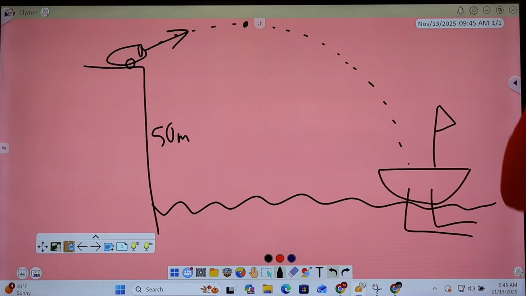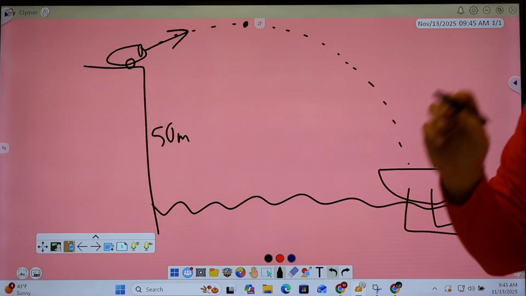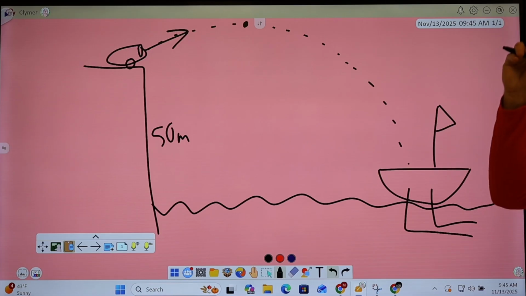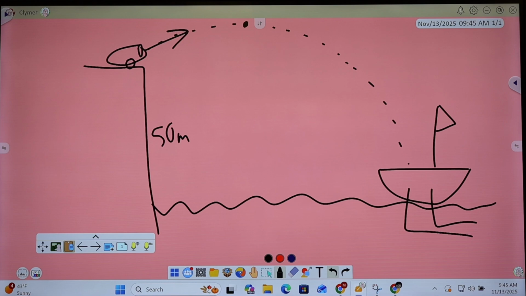Okay, so to your question, is this a more complicated scenario than what we just solved? Yes, for sure. But at the heart of this, we're just talking about two different motions that are kind of tied together.